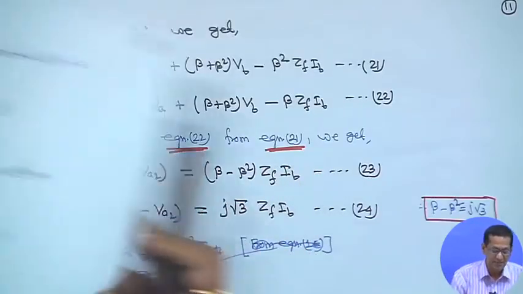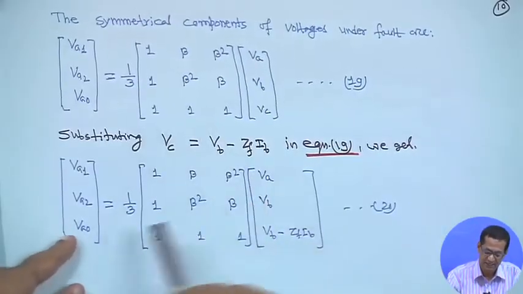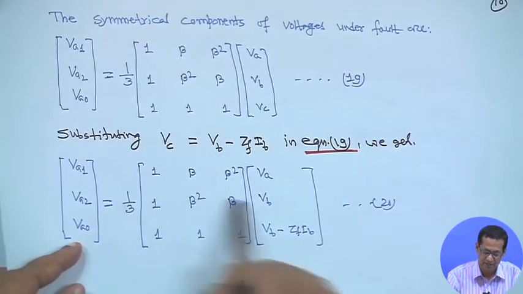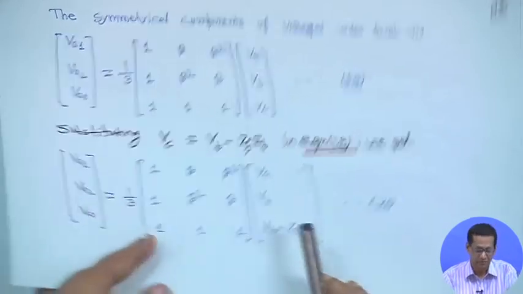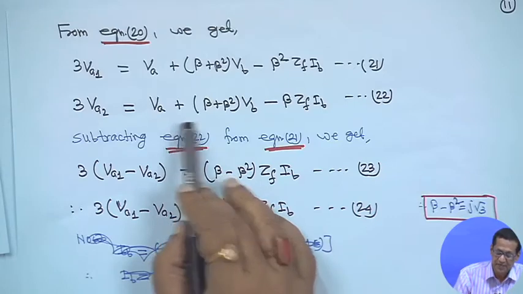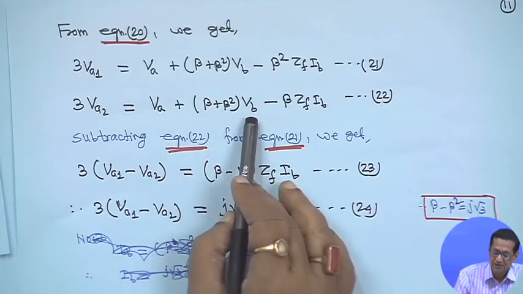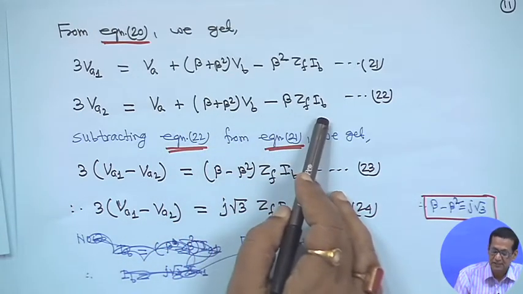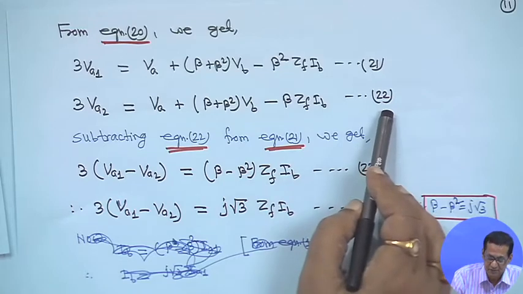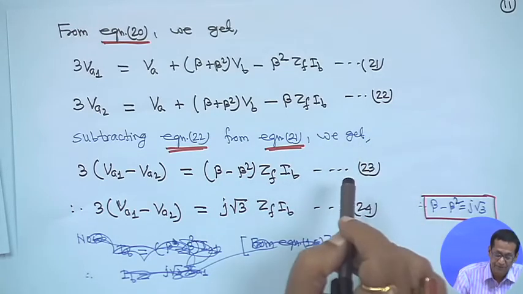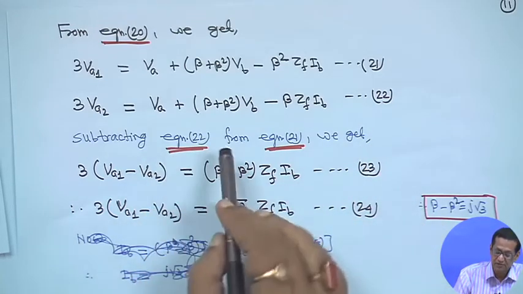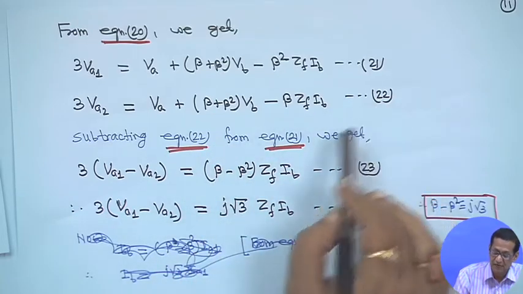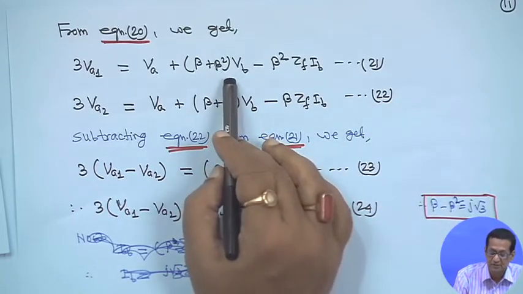Similarly, VA2 is equal to 1/3 of this. So 3 VA2 from this equation will become VA plus beta square VB minus beta into ZF IB. This is equation 22. Now subtract equation 22 from equation 21.